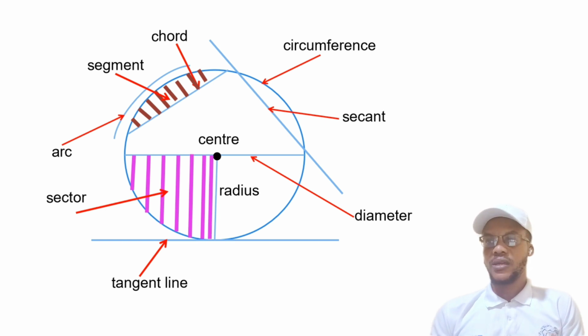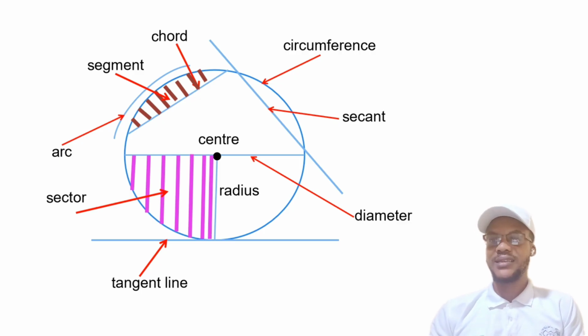But in the case of the secant, it intersects at two different points of the circle. The secant doesn't need to touch the circle at a point, but it needs to what? Cross the circle. It needs to intersect the circle at two different points at the circumference. That is the difference. So take note of this.